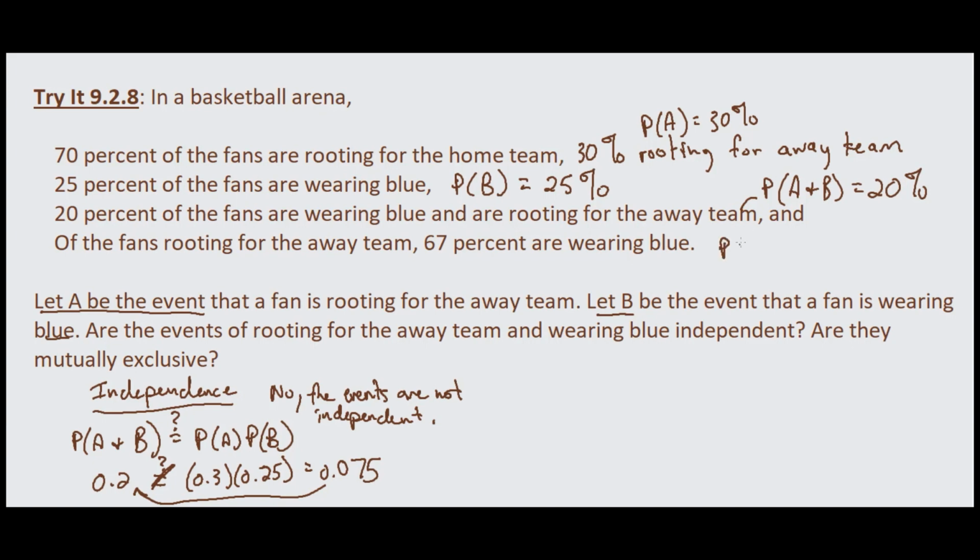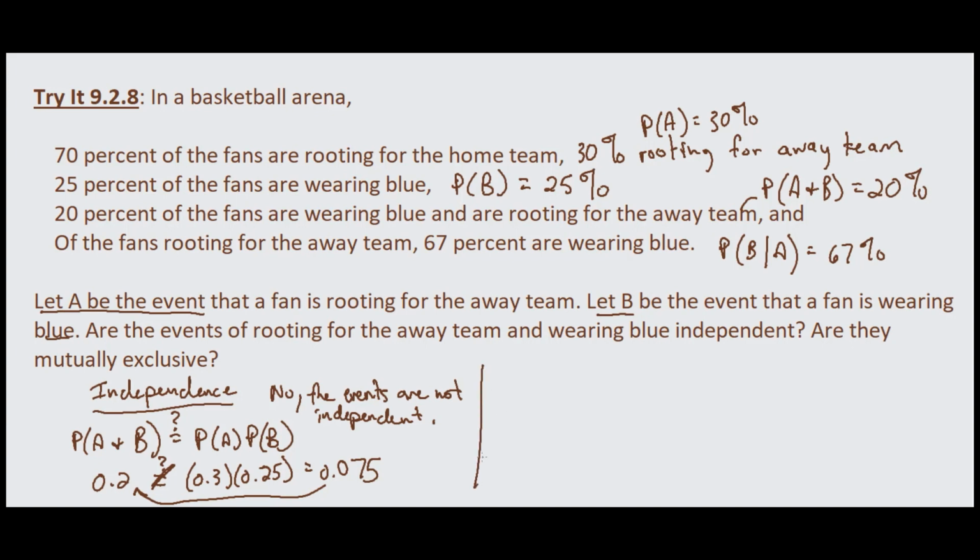So the probability of B given A equals 67%. That does not equal the probability of B, which is 25%. So we know that the events are not independent because of that as well.